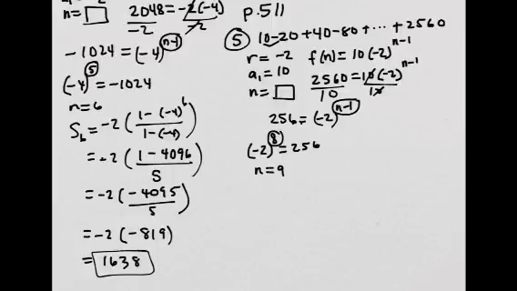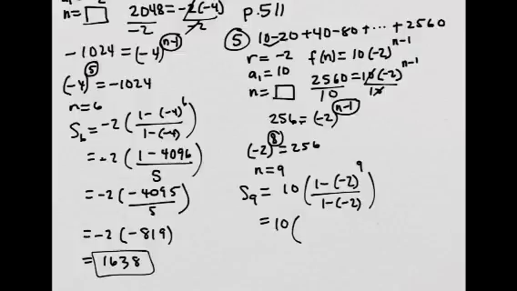Okay, so now I can do s of 9 equals the first number times 1 minus the ratio to the ninth, because that's what my n is, over 1 minus the ratio. So that's 10. The denominator, 1 minus negative 2, is 3. And 2 to the ninth would be 512.